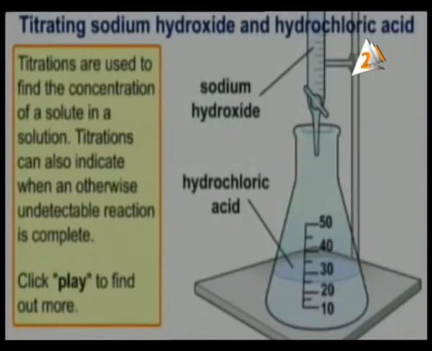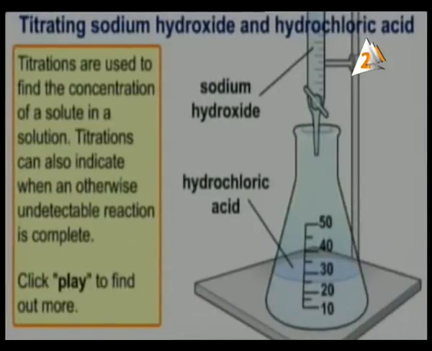What about titration of sodium hydroxide and hydrochloric acid? Look at the figure well and see that sodium hydroxide and hydrochloric acid titration are used to find the concentration of a solute in solution. Titration also can indicate when the reaction is complete.